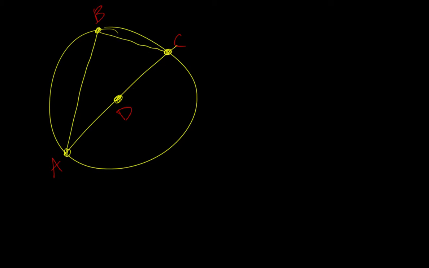So CD equals BC, which equals 10. So just from here to here is 10, and also from here to here is 10.